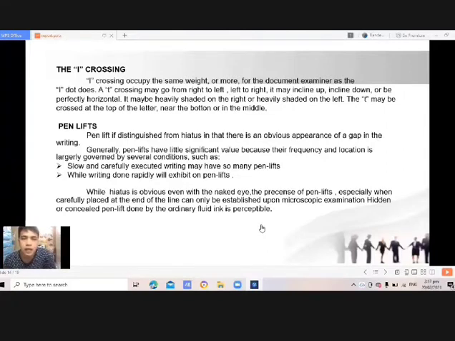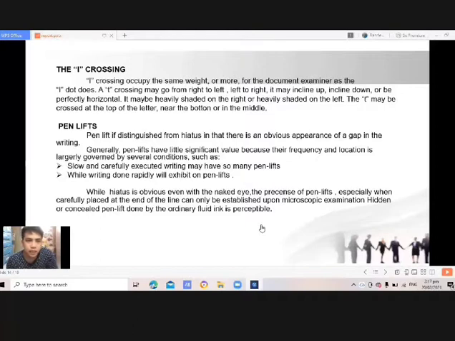Karaniwan po sa mga pen lifts, sabi pong pen lifts, ay may maliit na halaga sa isang pagsusulat. Dahil ang kanilang dalas at lokasyon ay higit na pinamamahalaan ng ilang mga kondisyon tulad ng yan.